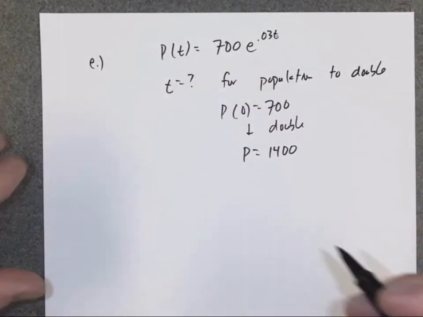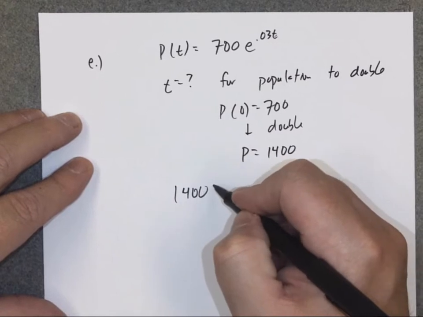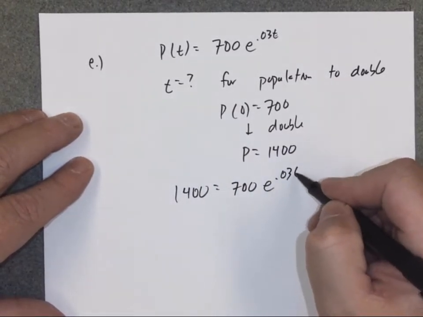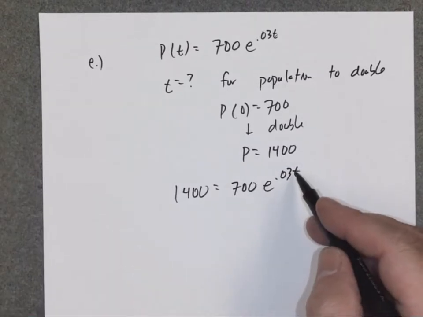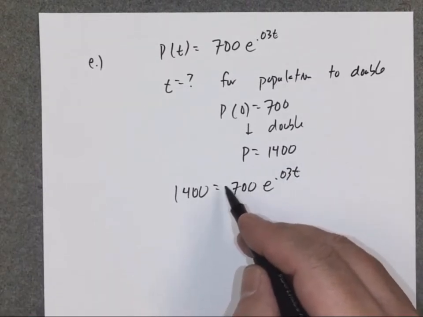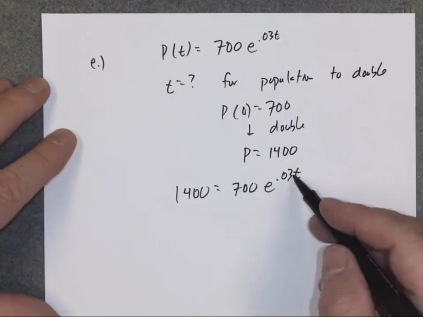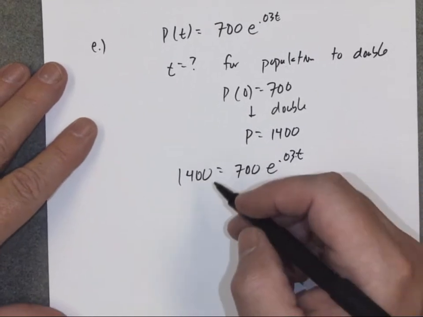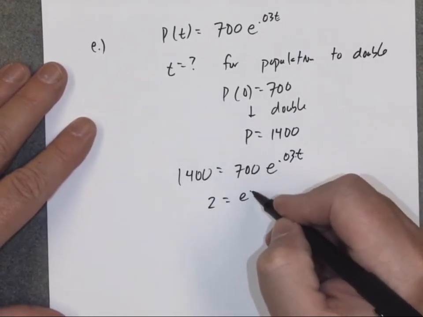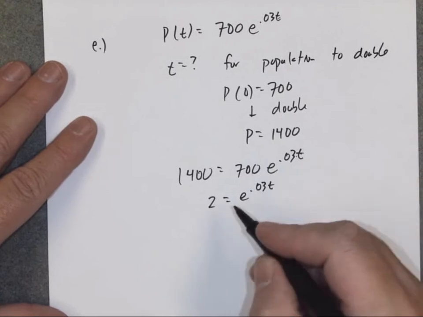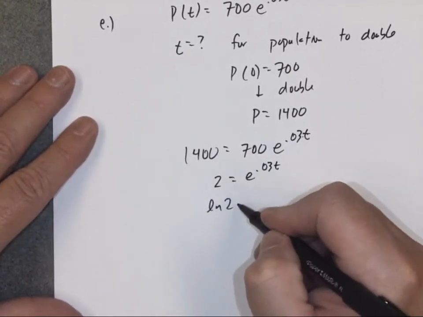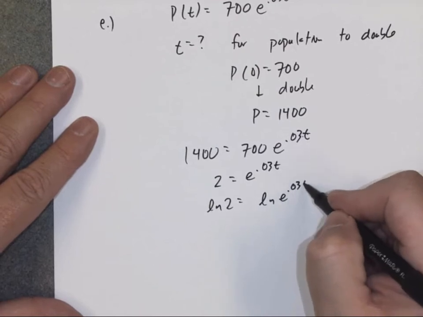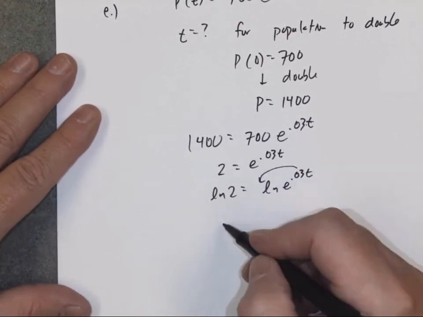So let's put in 1400 for P and solve this thing for the time. This is the amount of time. This is the initial amount. If it doubles, it's this amount. This is just like the last problem. I'm solving for t. Divide both sides by 700. End up with this. I'll take the natural log of both sides. The exponent comes down here.